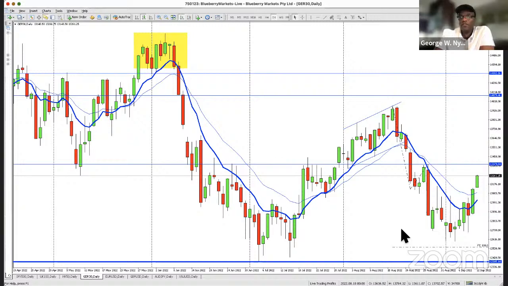I've just put up the German 30 here. If you look at Friday's candle, and you go back to July and look at the 19th July candle, that candle broke out above this trading range. Ultimately, we had a bull breakout spike in the channel.